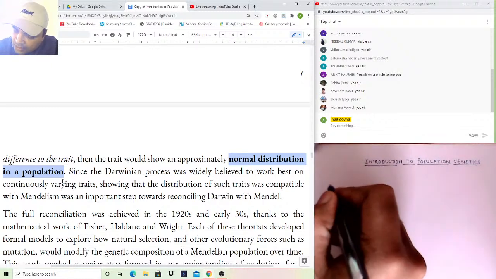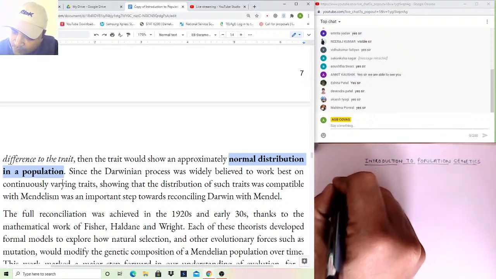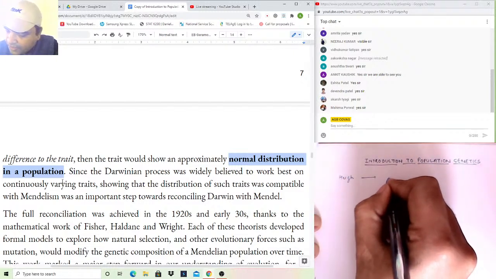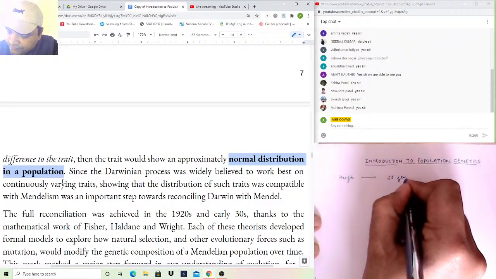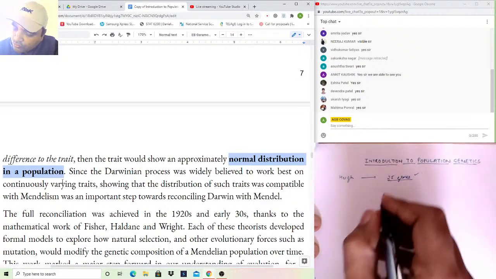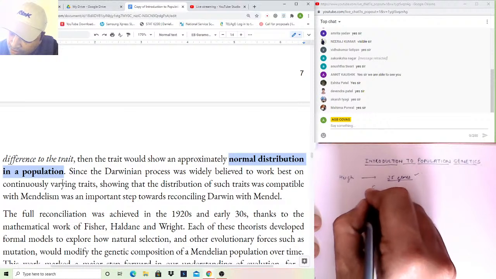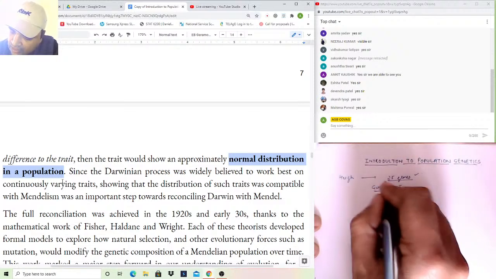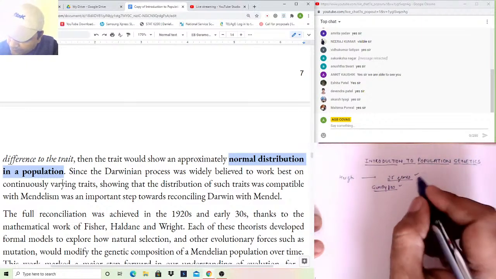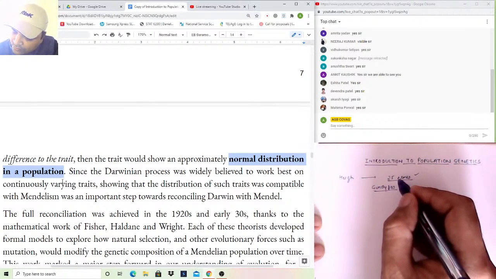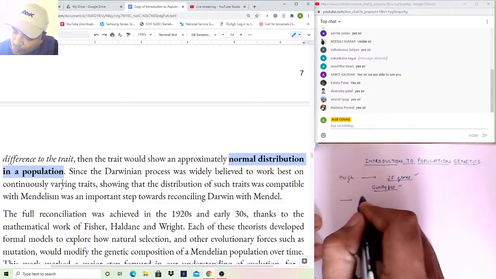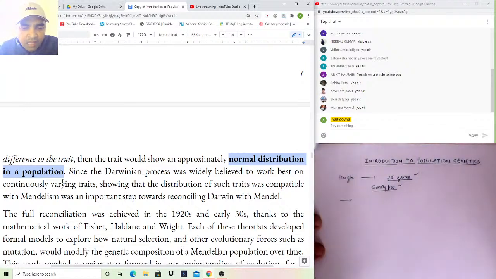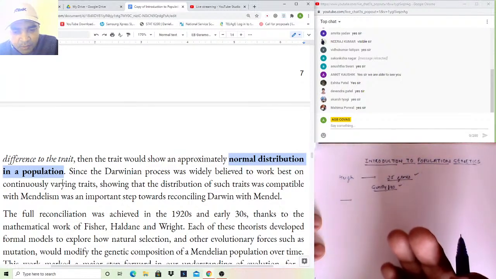So now let us see this. Say, for example, I am making a hypothesis that height is affected by 25 genes. So we will have so many genotypes; we will cover in the coming lectures how many genotypes there will be. The probability of getting a particular combination in an individual is also different in the population.